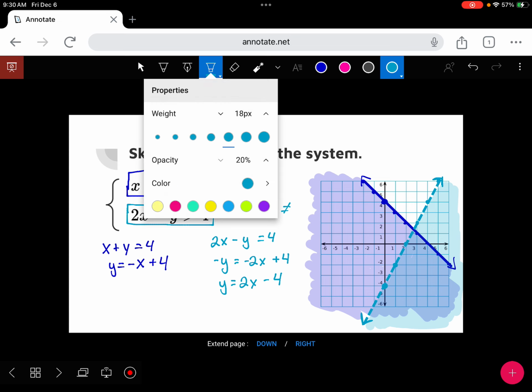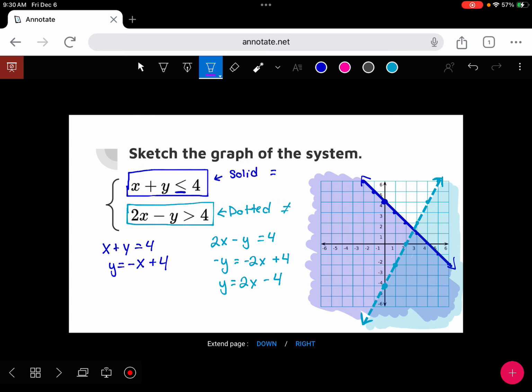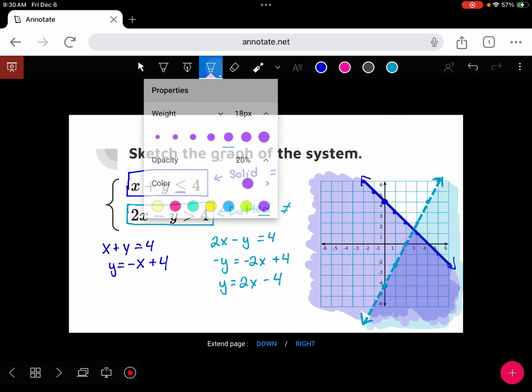So the solution to this system is this double colored area that's down here in this kind of double blue zone. There we go. Just trying to make it a little bit darker.